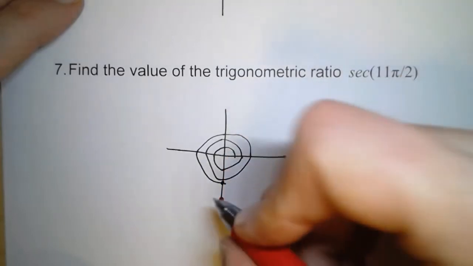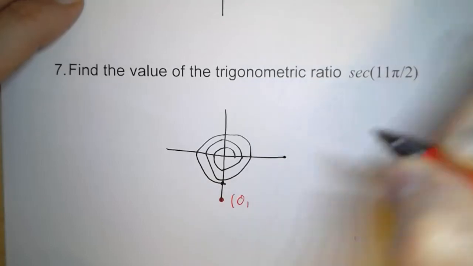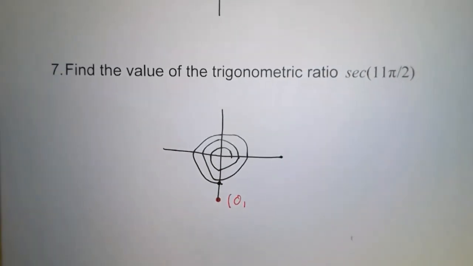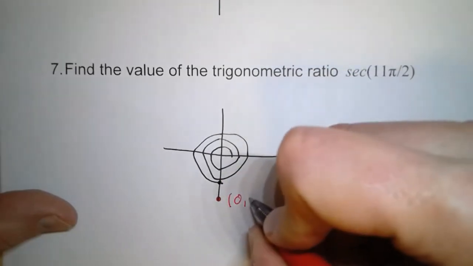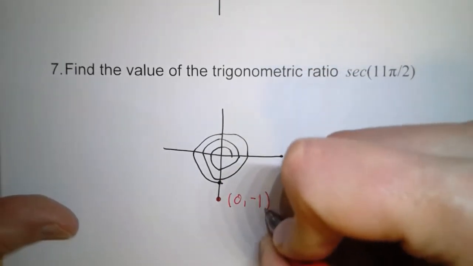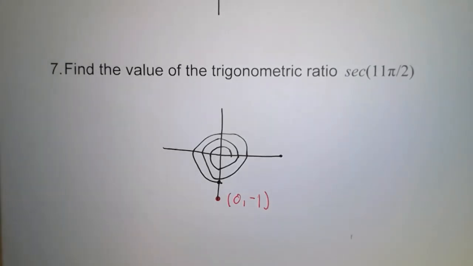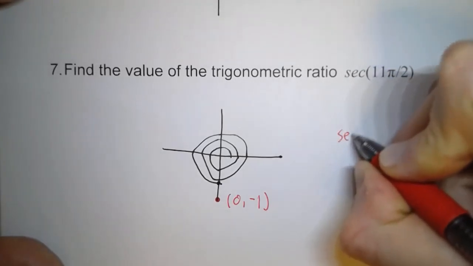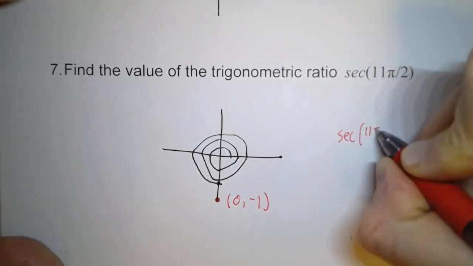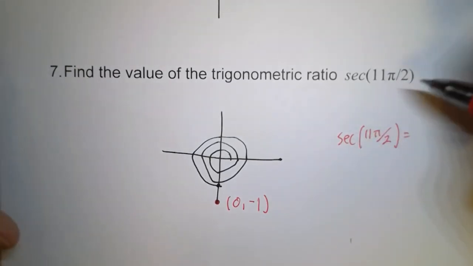So somewhere on here is the point that we have, but the x value is 0. Now, like I said in the last example, it doesn't really matter what the coordinate is. It could be any point along here. So we'll just make it simple and just say that the y coordinate is -1. Is it? Well, it could be. Doesn't have to be. And so if we want secant of 11 pi over 2, what we do is secant is the reciprocal of cosine.